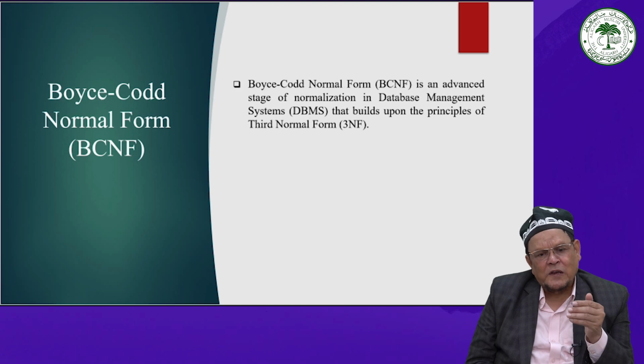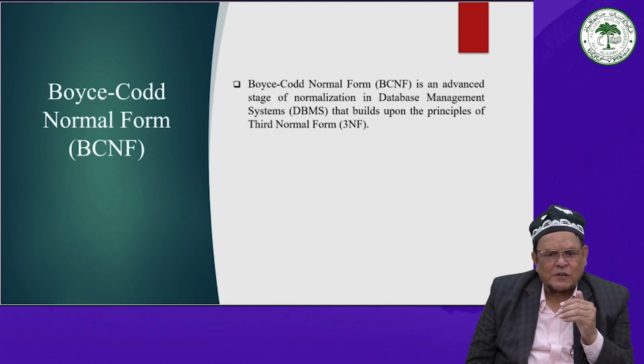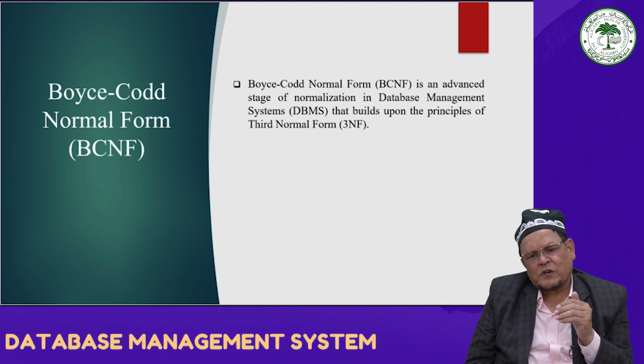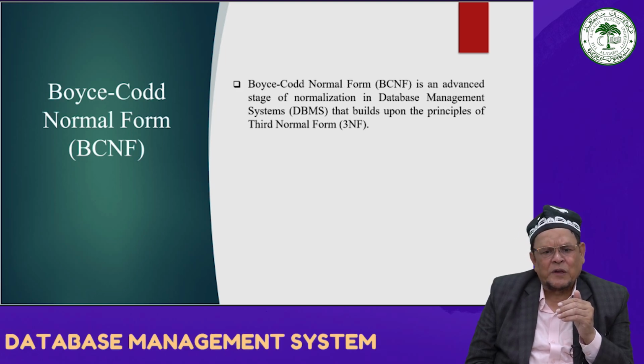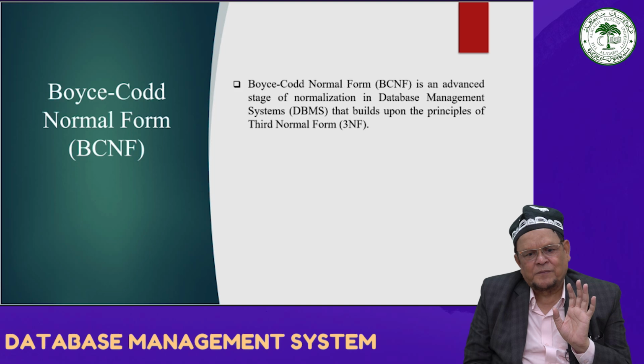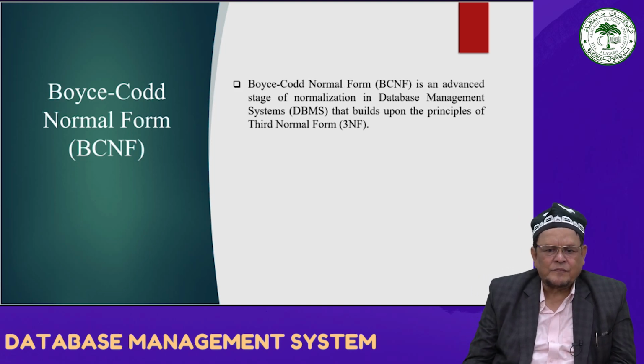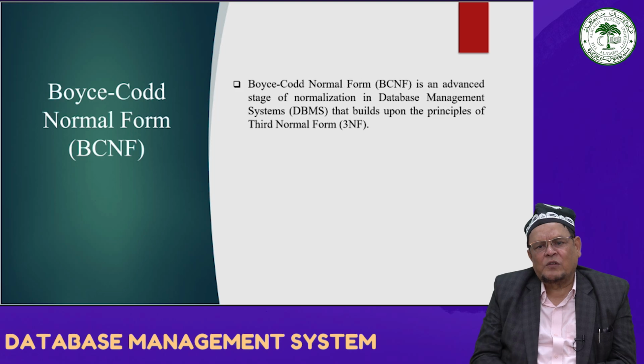Also, it must be in third normal form. Before a table can achieve BCNF, it must first satisfy the requirements of third normal form, including being in first normal form and second normal form and having removed transitive dependency.